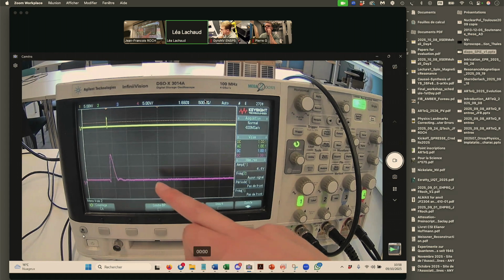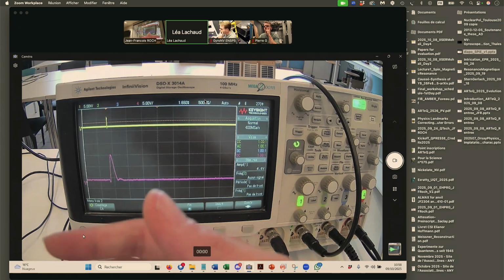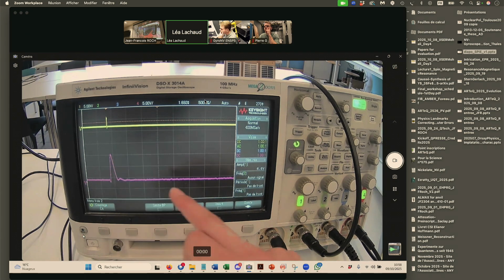Because here the detection coils, which generate this induction signal proportional to the spin response, are sensitive to the transverse response of the field, the transverse rotation, precession of the spins, right?